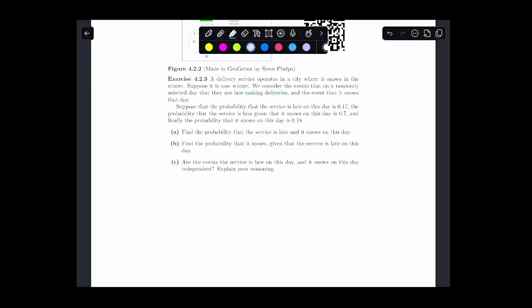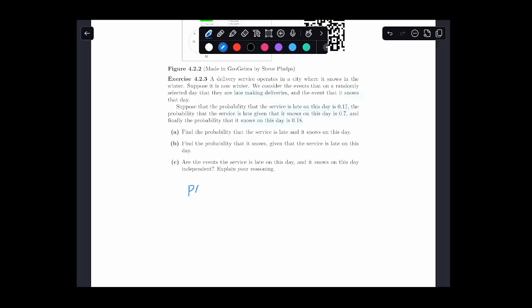So we have these two events, they're late and it snows. And it says, suppose the probability that service is late on this day is 0.17, and the probability that service is late given that it snows is 0.7. And the probability that it snows is 0.18. So we have these different probabilities.